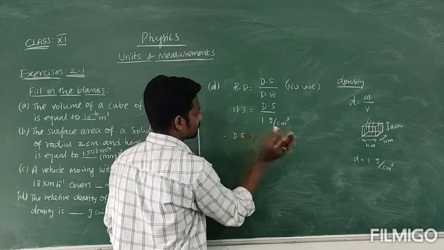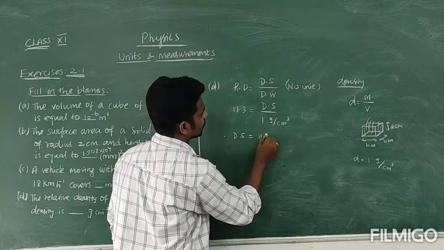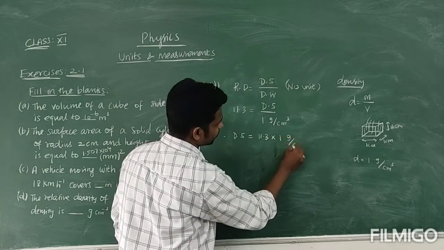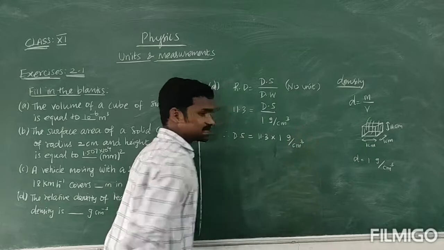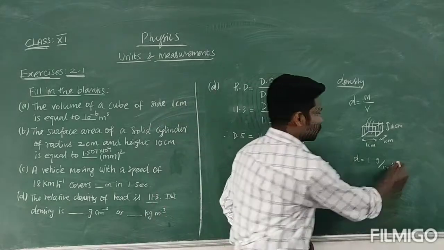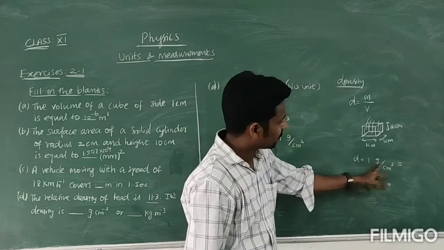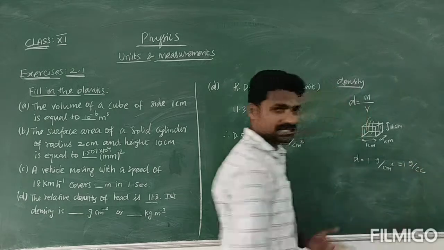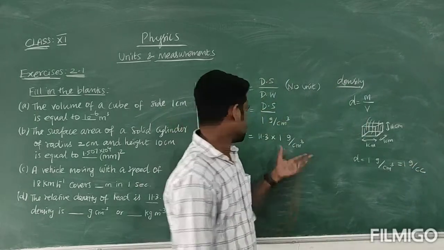Therefore, density of substance or density of lead is equal to 11.3 into 1 gram per cubic centimeter. Okay, we can say 1 gram per cubic centimeter or 1 gram per cc. That is cubic centimeter.